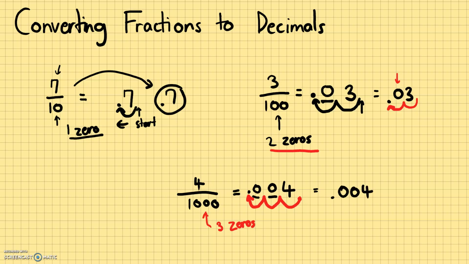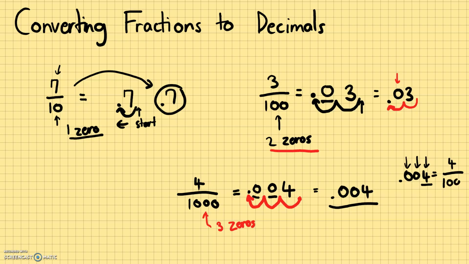So now that is going to become 0.004. And you can actually check your answer. If you want to check that you got the right answer, try and change this back to a fraction. This is going to be the numerator. The denominator is going to start with 1, and the number of zeros in the denominator has to equal the number of digits after the decimal point.